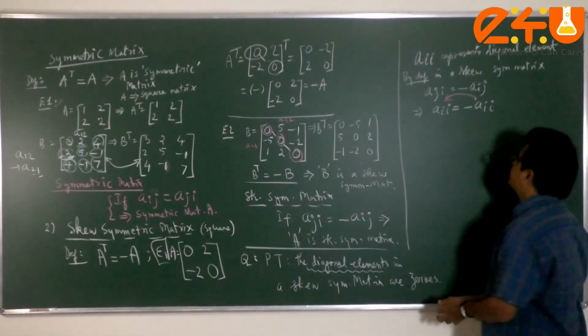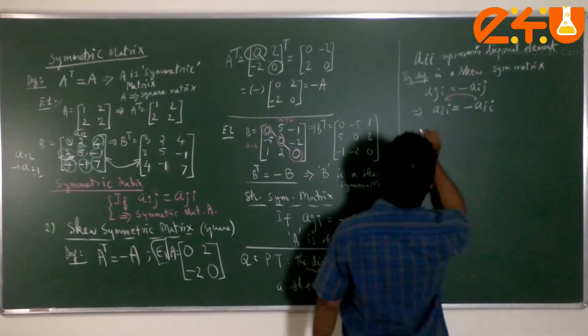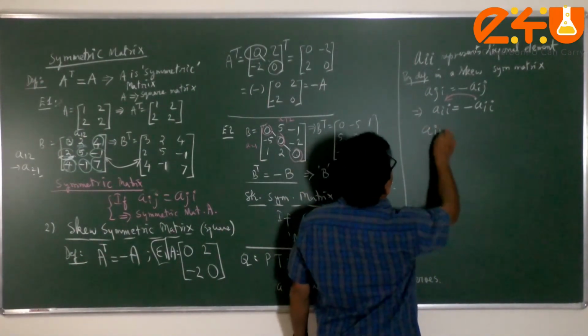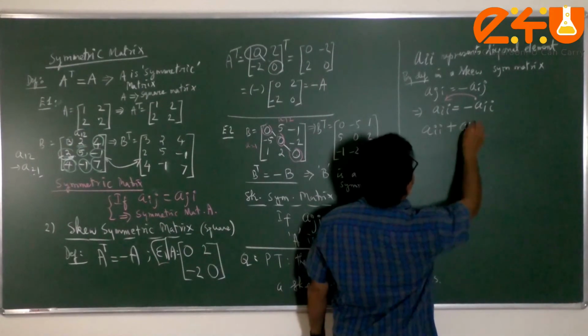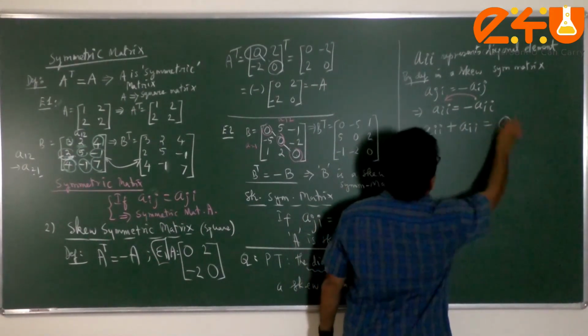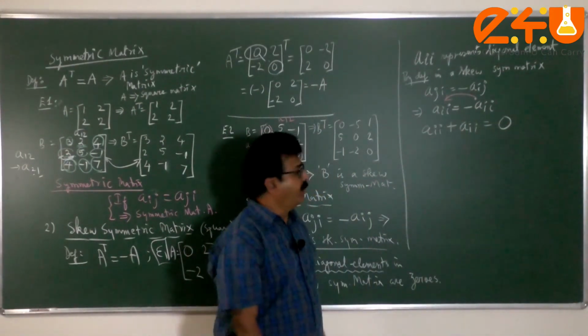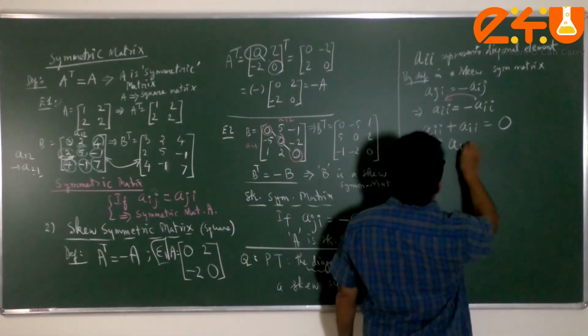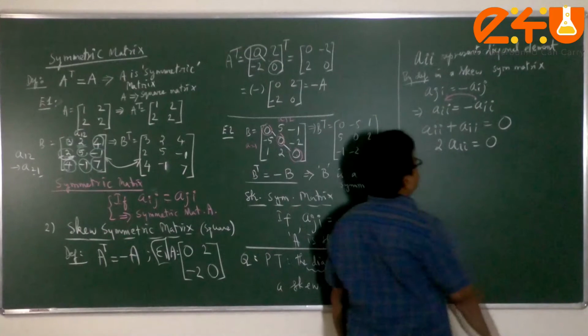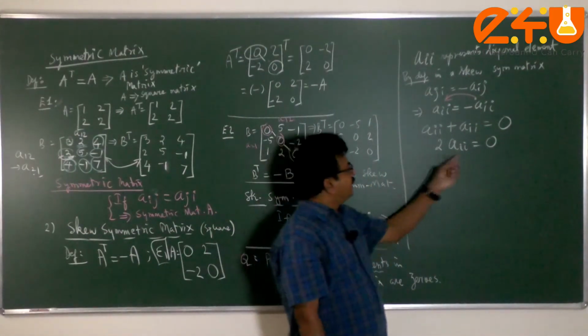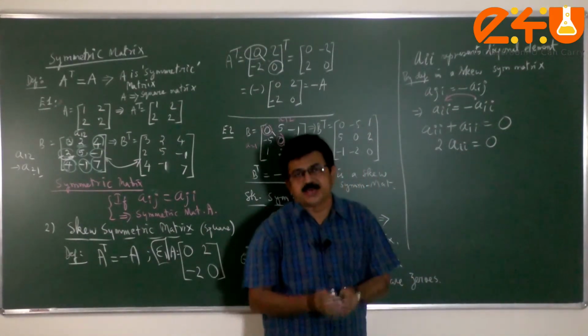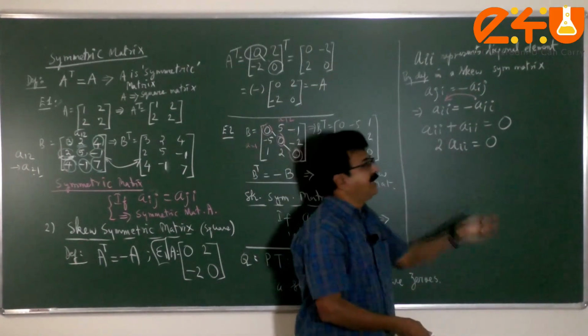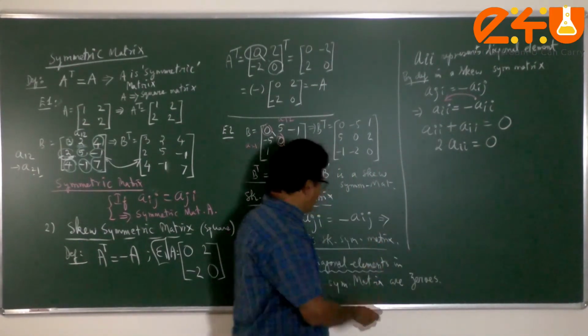Once I shift it to the LHS, I get Aii plus again Aii, and the RHS is empty now, 0. I am adding like terms: 2 times Aii is 0. When I say Aii, students can replace that symbol with the words diagonal element in your mind.